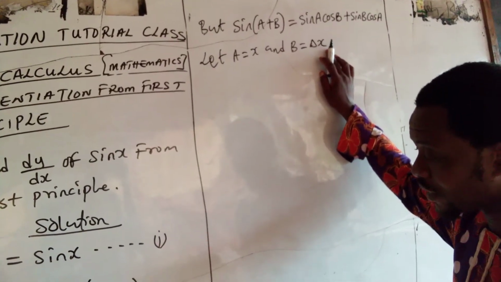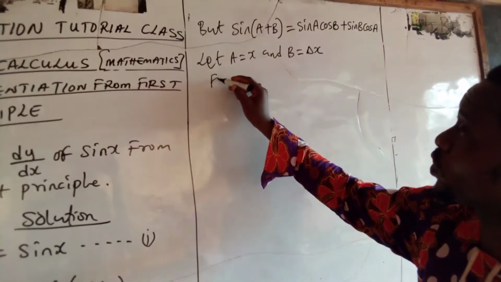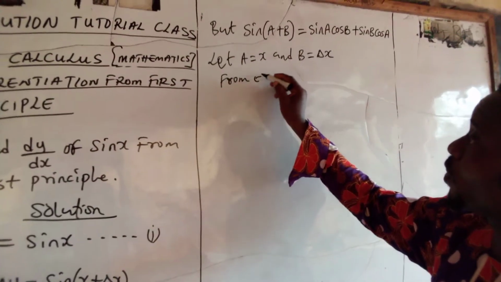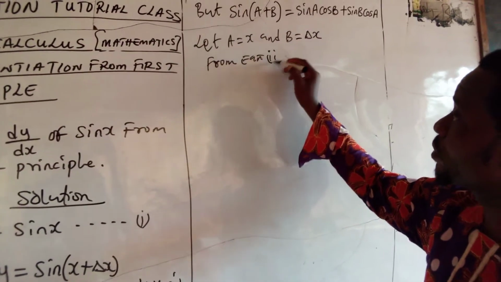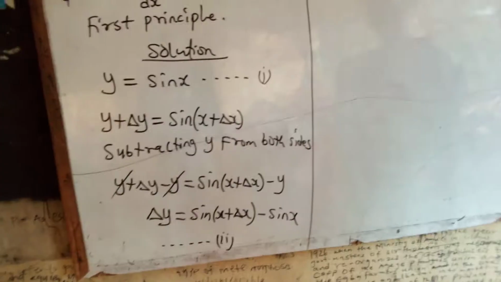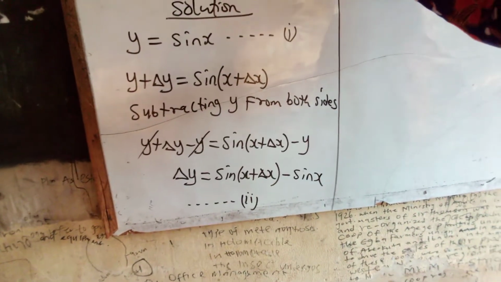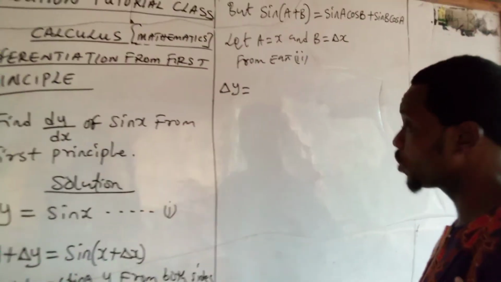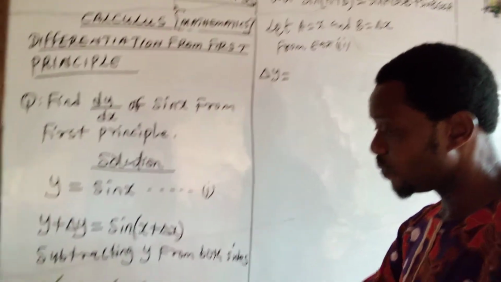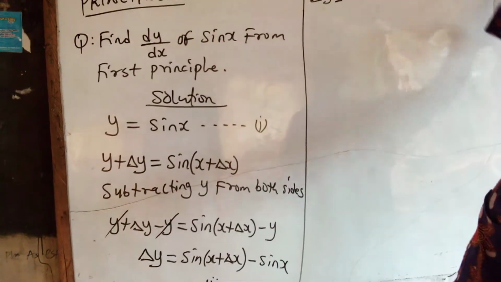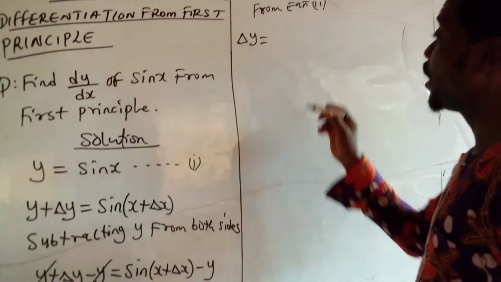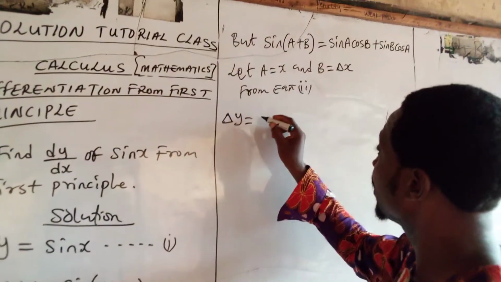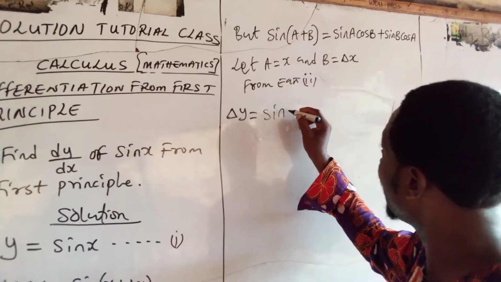If you do that, from equation 2, change in y will be equal to, so instead of writing this, we expand it using this formula. You write sine s.